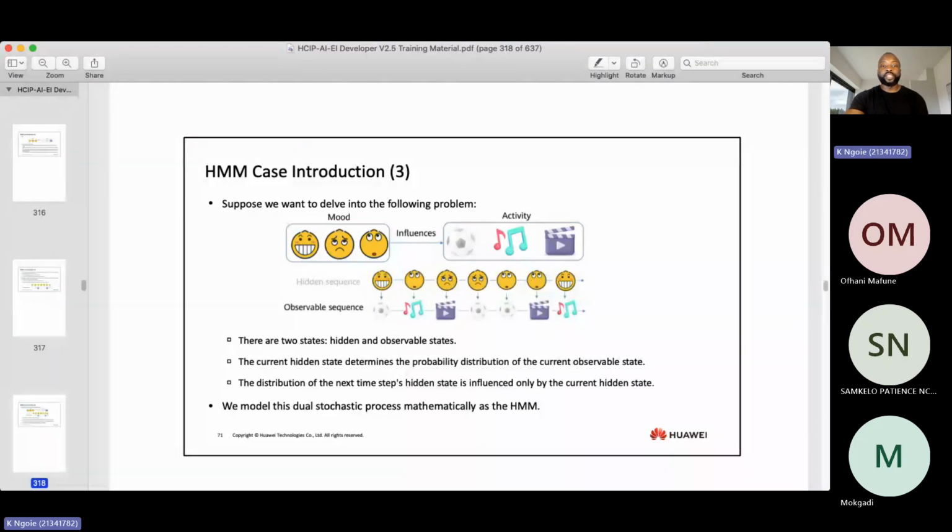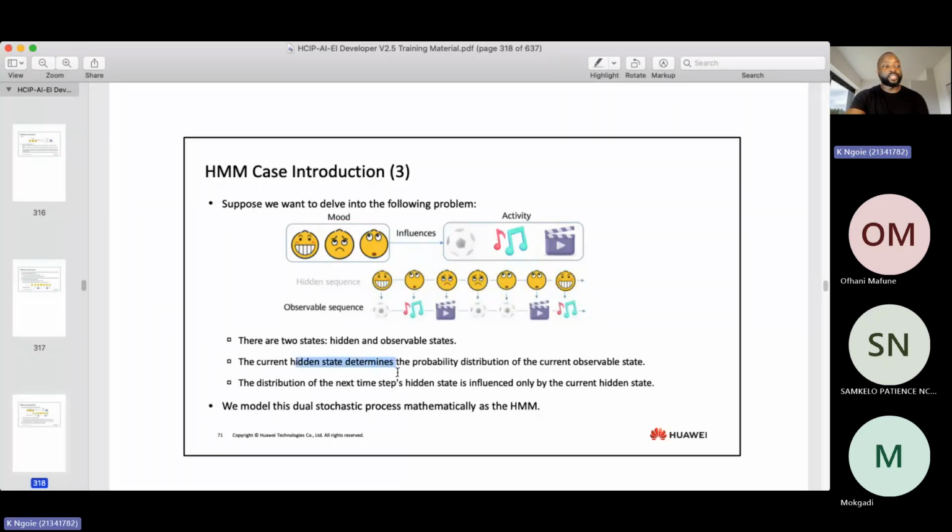On this case, we're going to compute the probability of an observed sequence. We're going to learn and estimate the parameters, and then we can easily find the most likely hidden state sequence that can happen, and then we can calculate the probability.